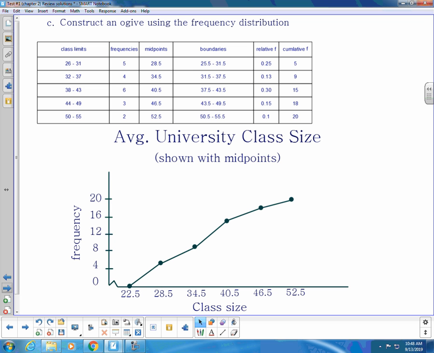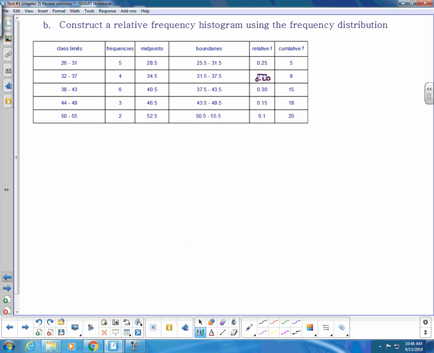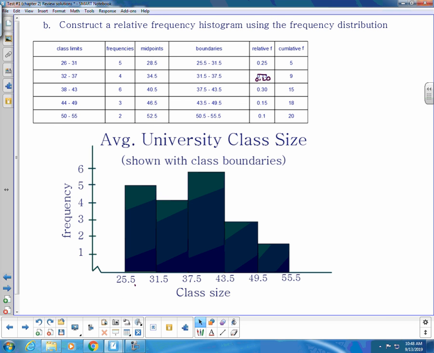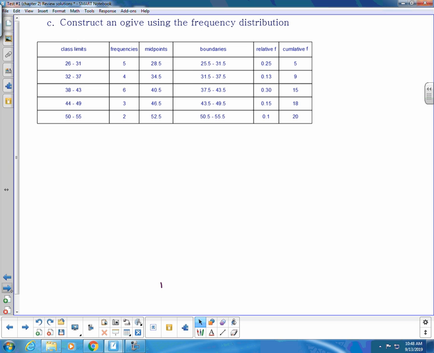So I use midpoints here because it's just easier with midpoints for this thing. If my first midpoint is 28.5, I have to subtract a class size. I have to start at 0, so I want to start at 22.5. Okay? And then you're going to rise up to the height of that first bar that we had over here. The first bar was a 5, right? So it's a little different of a graph.